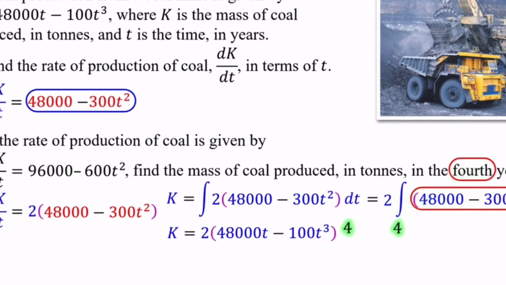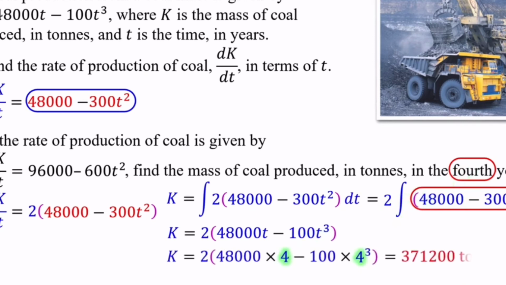Agree? Now we need to find the production when the time is in the 4th year. So we substitute 4 into the function to get the production in tons in the 4th year.